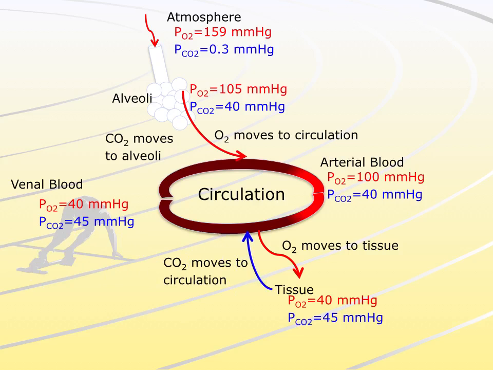So we have exchange in which we have oxygen moving from the atmosphere into the alveoli, and then from the alveoli into the capillaries. Then we have movement of oxygen from the capillaries to the tissues, while we have movement of carbon dioxide from the tissues to the capillaries, and then from the capillaries to the alveoli, and then from the alveoli into the atmosphere.